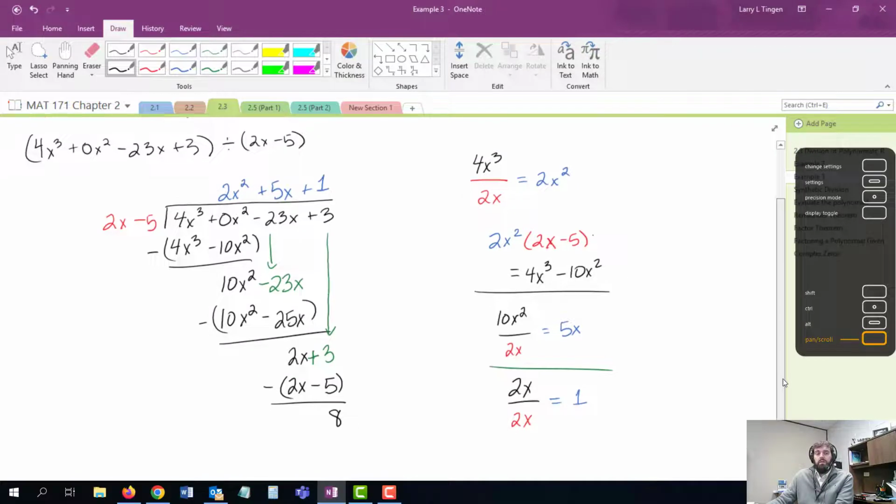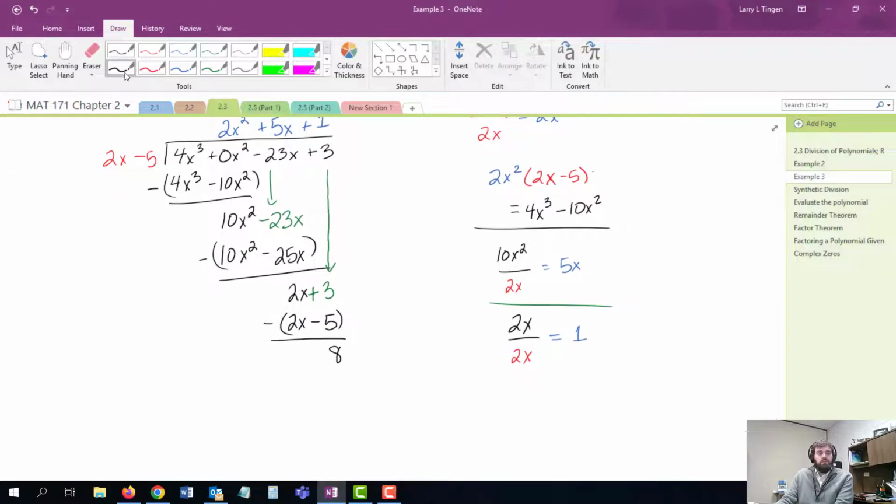All right. So I told you the original setup for when we do these problems. I am going to switch one little piece. On the previous example, I put the q of x and then the divisor d of x.